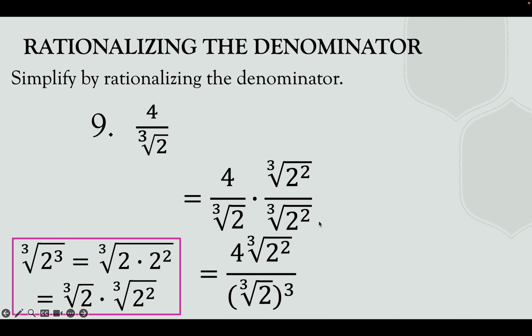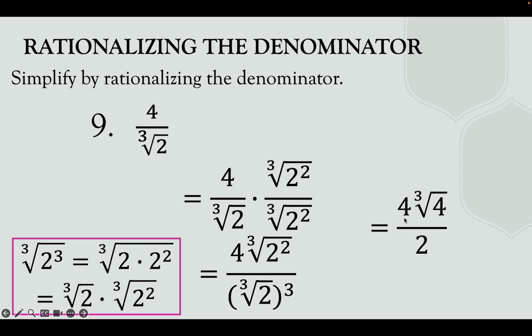So we will get cube root of 2 raised to 3. So we have the same index and the same exponent now, so we can eliminate the radical sign there. So our value here is 4 cube root of 4, because 2 raised to 2 is 4, over 2.